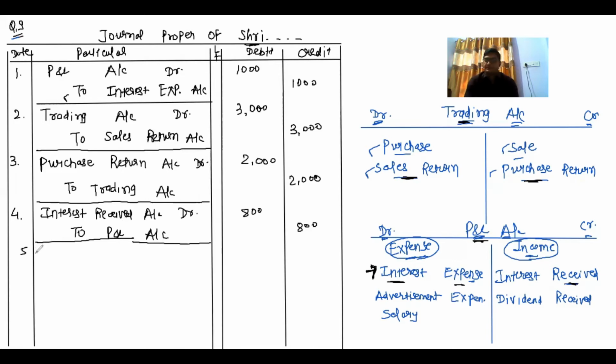Point number 5, advertisement expense is given. Advertisement expense is our expense. It is on the debit side of P&L. So P&L account debit to advertisement expense account. Amount 1500.